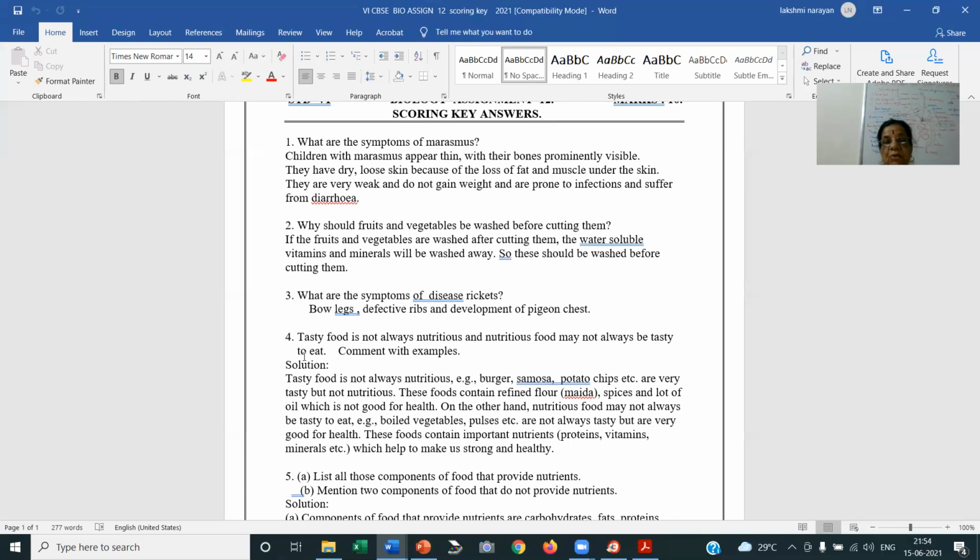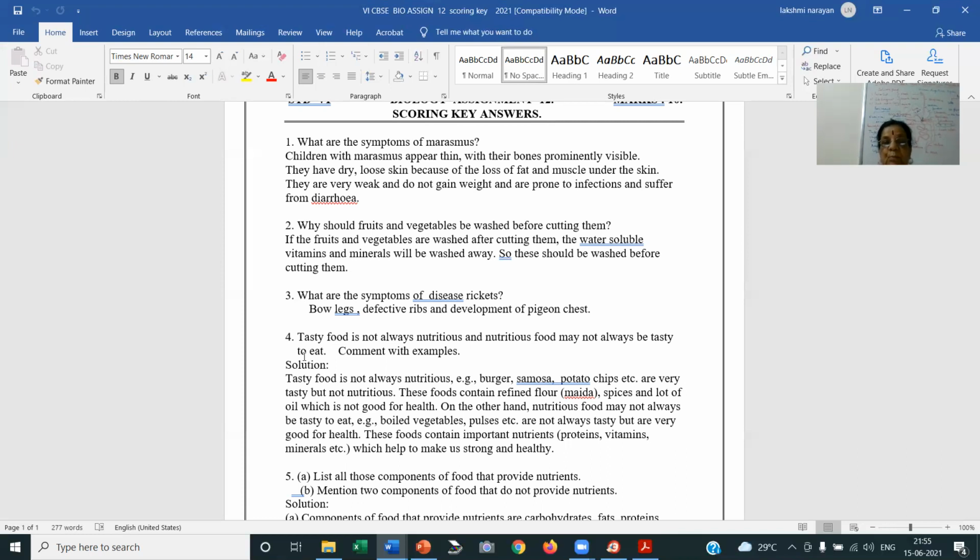Tasty food is not always nutritious. Examples are burger, samosa, and potato chips. They are tasty, but there is no special nutritive value. These foods contain refined flour, that is maida, spices, and a lot of oil, which is not good for health. On the other hand, nutritious food may not always be tasty to eat.